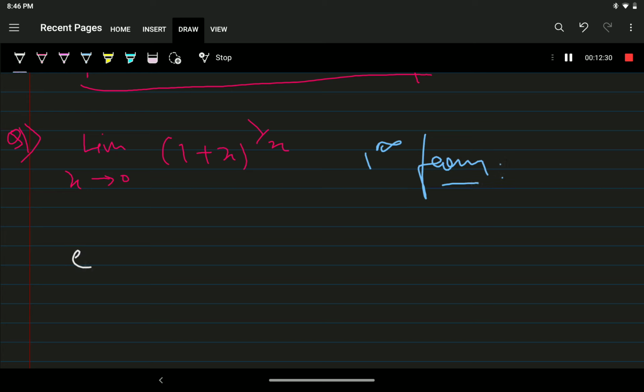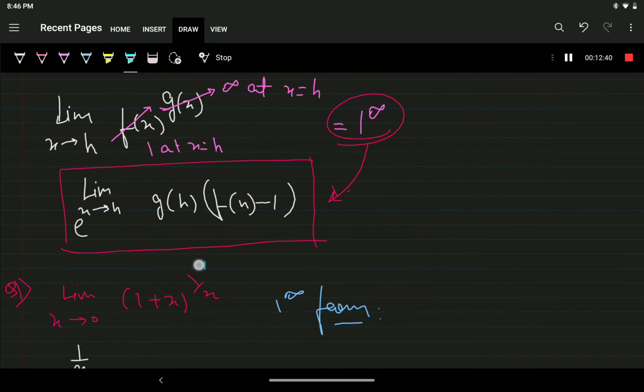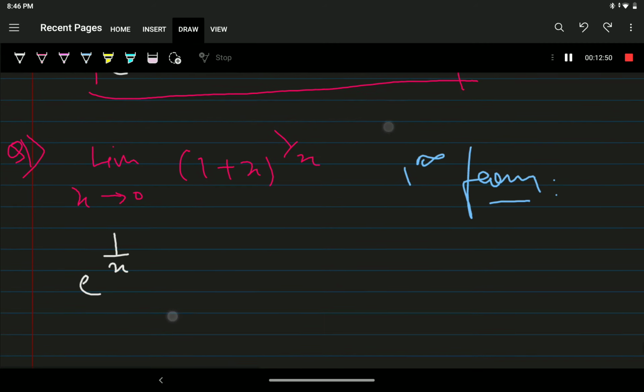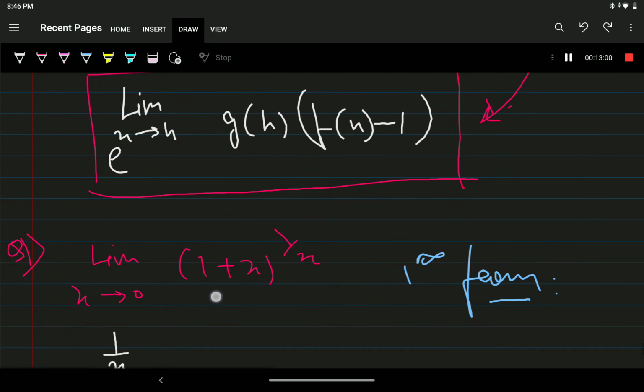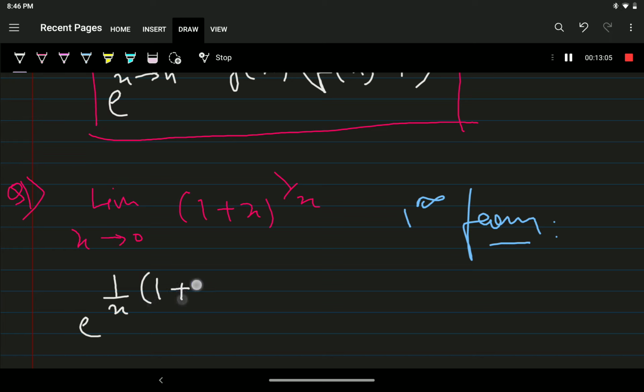So it is e to the power limit of g(x) into f(x) minus 1, which is e to the power 1 by x into 1 plus x minus 1.